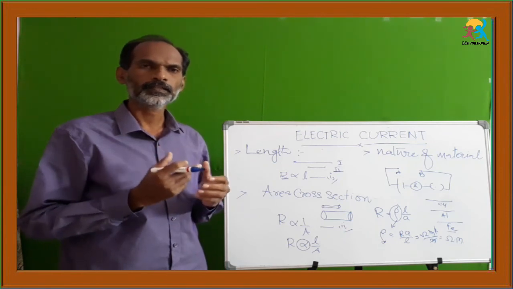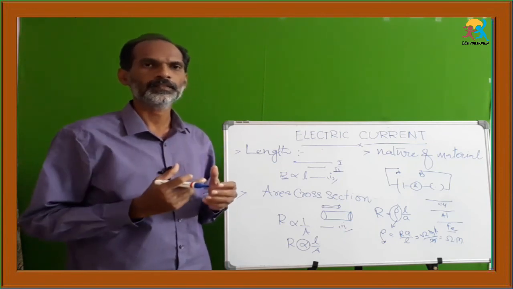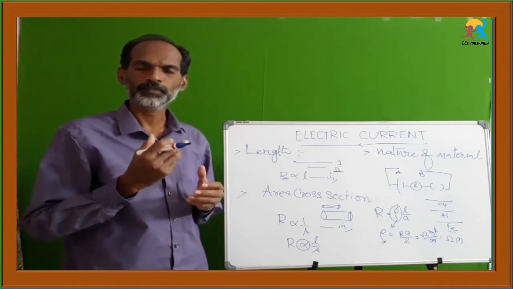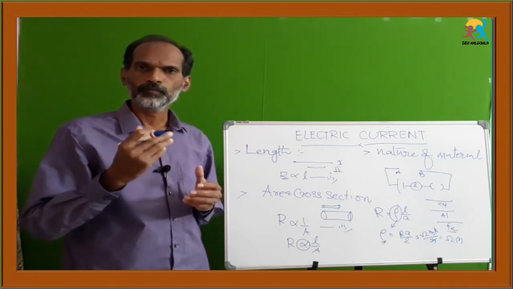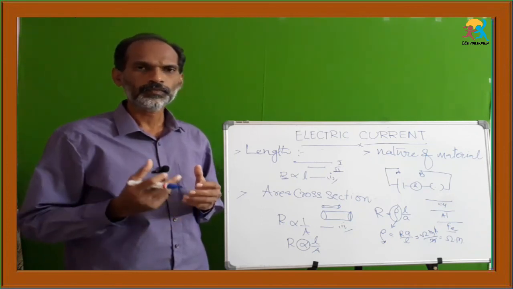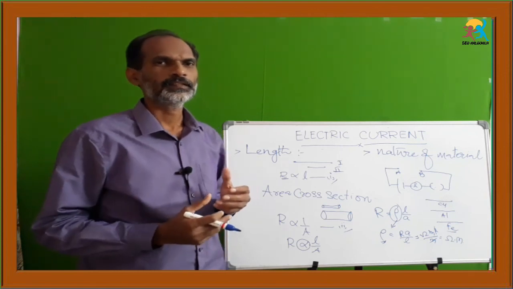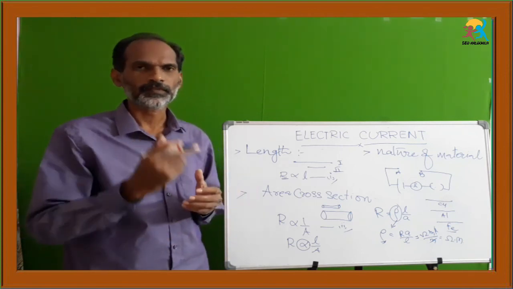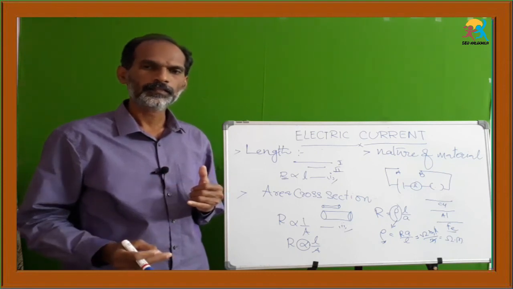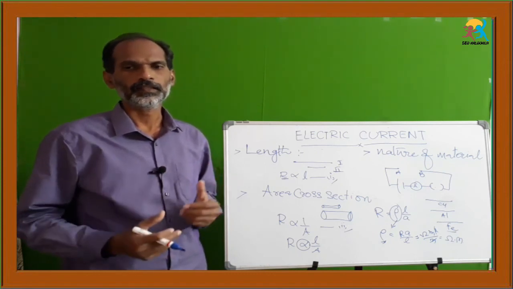If we want the light, we can switch on only the light. If we want only the fan, we can switch on only the fan. If we want to watch television, we can switch on only the television. In this way we can say that there are two types of connections in the household: one is the series and the other is the parallel connection.